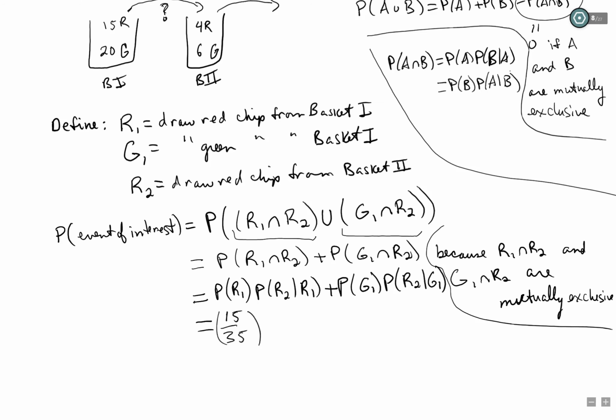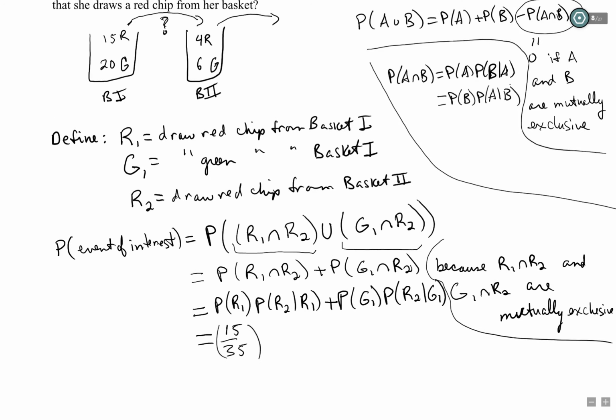The probability of drawing a red out of basket 2, given you drew a red out of basket 1, is 5/11ths. The basket 2 looks different after event R1. Basket 2 now has 5 reds in it and a total of 11 chips in there. So it'd be 5 out of 11.